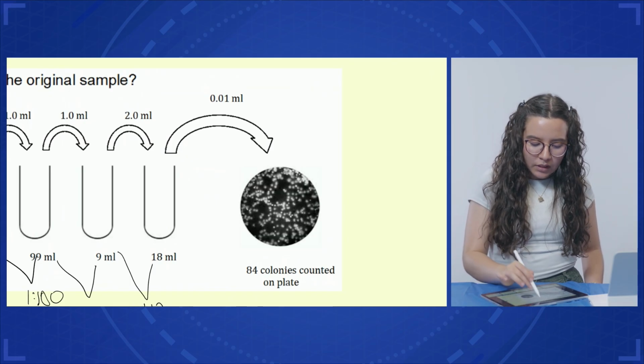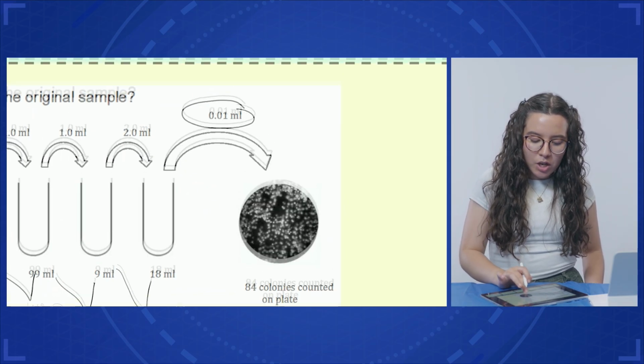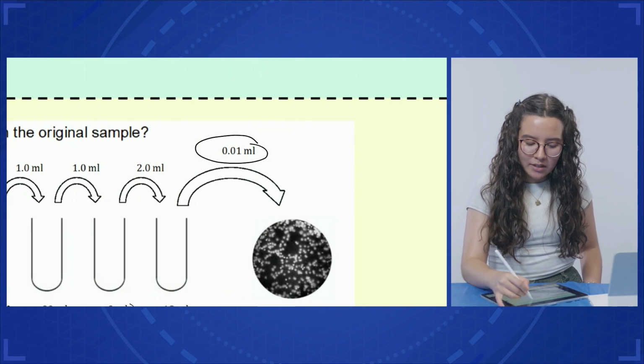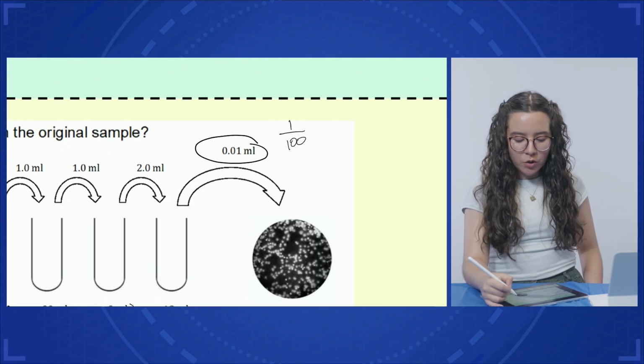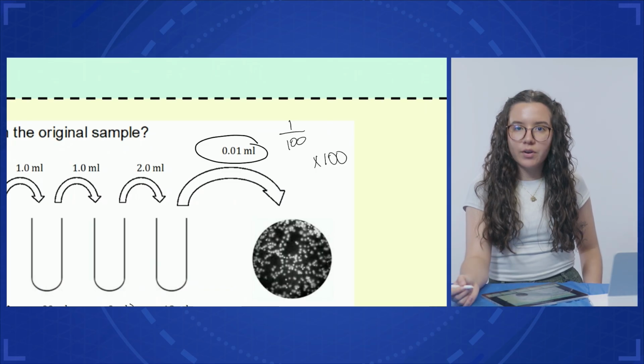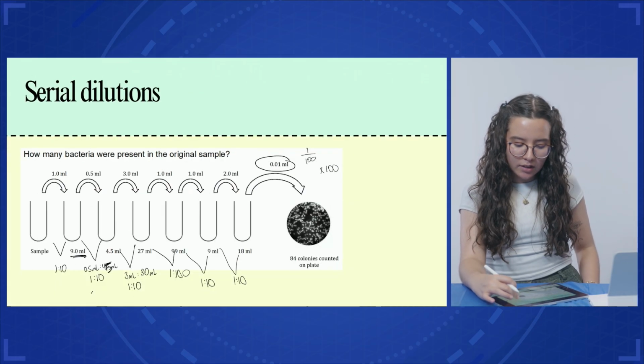So here, 0.01 milliliters were plated. You can see this as a 1 to 100. You can just go ahead and multiply your final product by 100 to basically counteract this one.